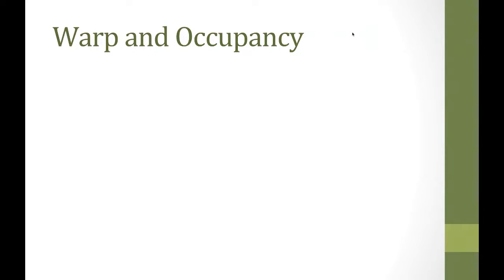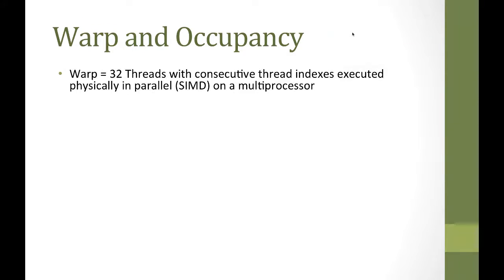Okay, to get a better understanding of the occupancy, you have to know what a warp is. A lot of programmers think that the thread is the smallest unit that you can control in CUDA. That is true, because the thread is the smallest unit that can be controlled by the programmer, but the thread is not the smallest unit that can be controlled by the hardware. From the hardware's view, a warp is the smallest unit that can be scheduled, issued, and executed on the multiprocessor.